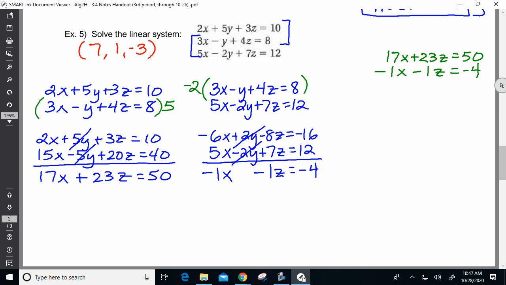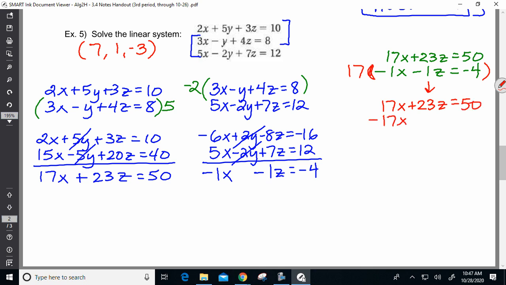Alright, so looking at the problem now, this looks like a tailor-made elimination problem. I can get rid of whichever variable I want. So let's get rid of the x. Let's multiply the bottom equation by 17. Why 17? 1 times 17 is 17. That line there. 17x plus 23z is 50.